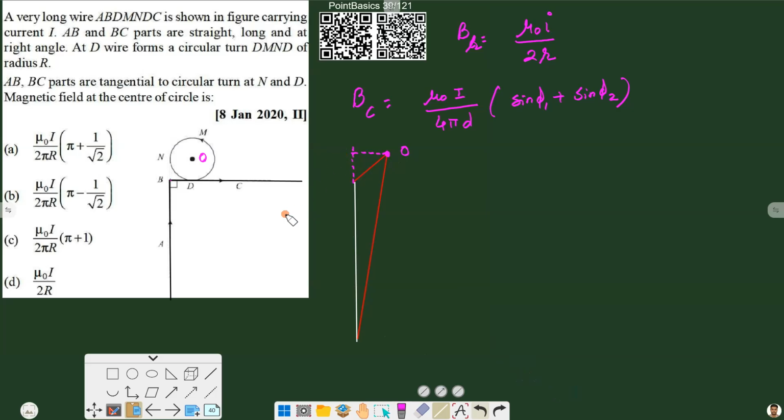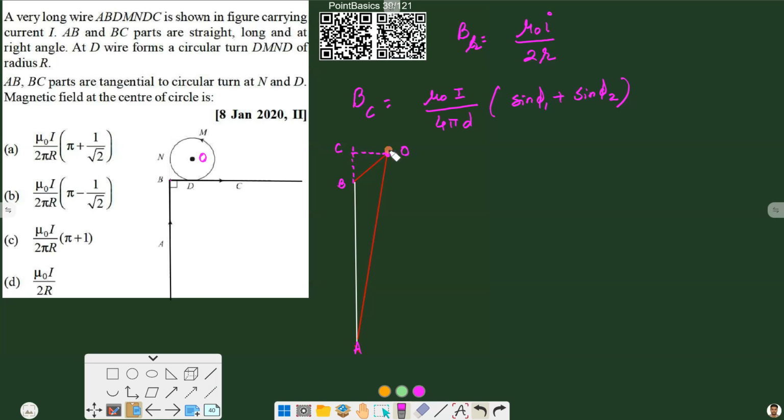Suppose A is already mentioned here. So this is A, this is B, this is C. The angle of OA line from OC, because all of the angles have to be measured from OC. The angles in case of a straight conductor are always measured from the perpendicular bisector.